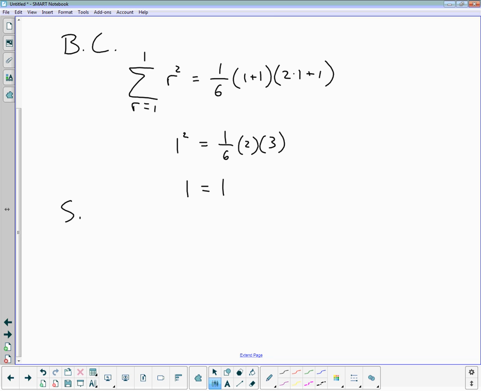All right, so the base case holds. Yes, I am lazy. Don't be lazy in yours. So the base case holds.